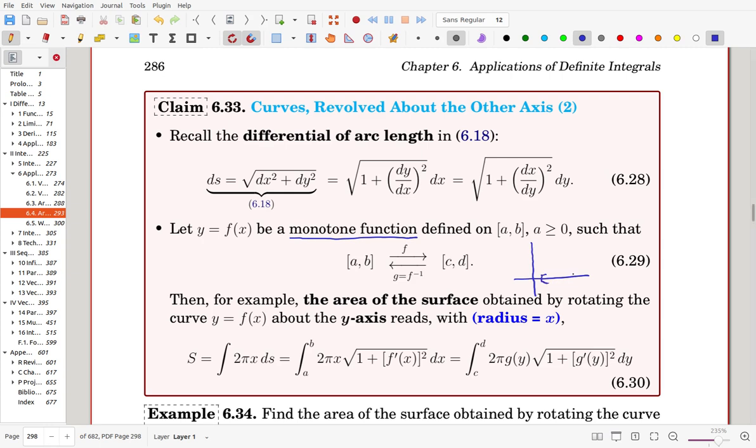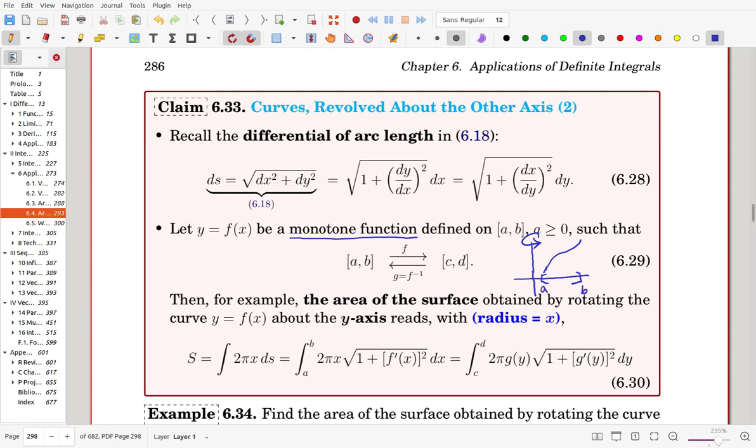So from here to there, the curve is monotone, either increasing or decreasing, so we can get its inverse. So it's a special case.